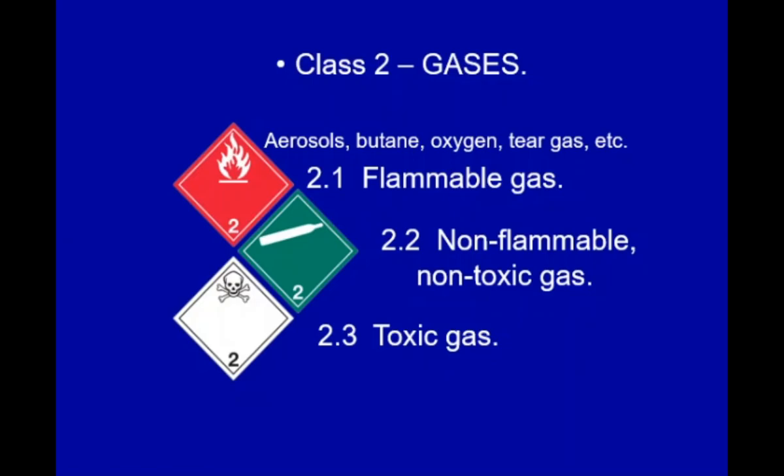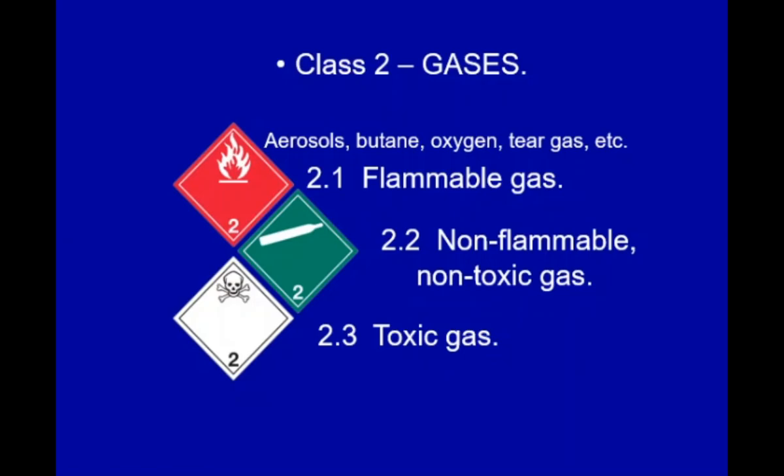They all belong to class 2 gases. But there are three divisions on the gases. Division 2.1 is flammable gases. Division 2.2 is non-flammable, non-toxic gas. Division 2.3 is toxic gases.